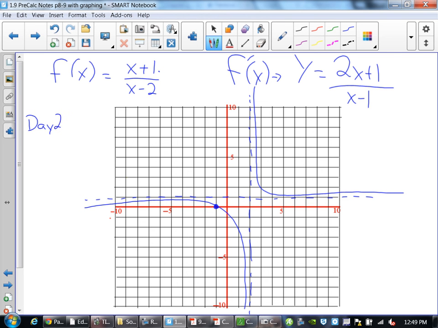The day 2 stuff I want you to do is 40 through 54 evens and then the all part stuff. There are two graphs that are rational, like this, and those will take the longest, that's it. Everything else is really fast to graph through.